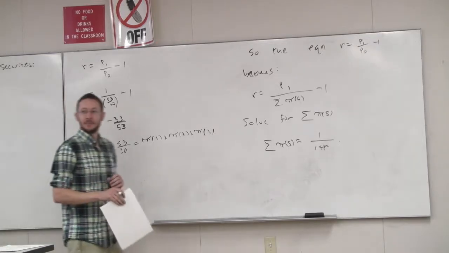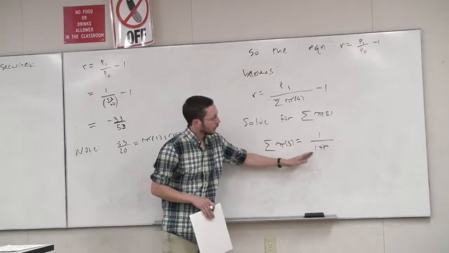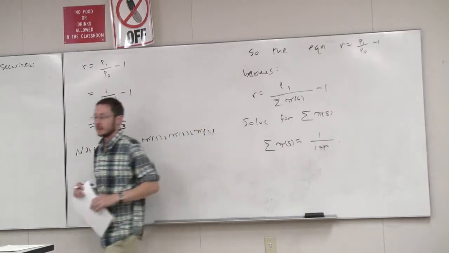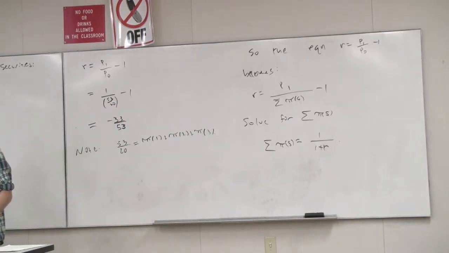So in other words, the sum of the arrow prices is a discount factor that you can use for discounting future payments for a risk-neutral investor.